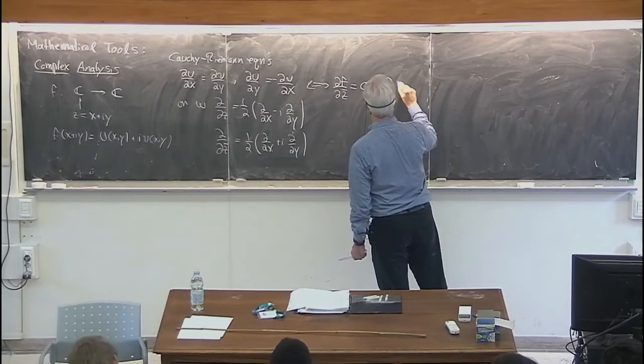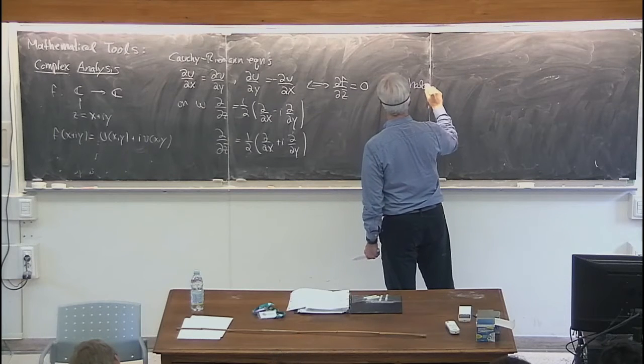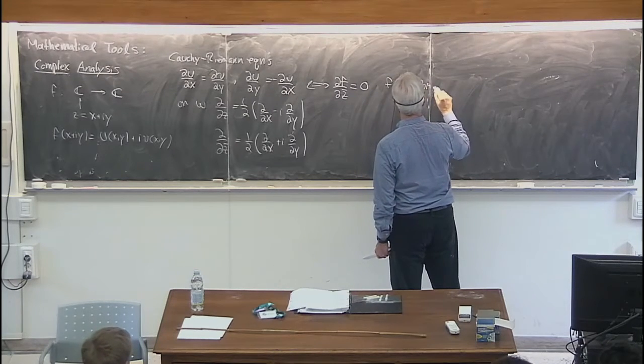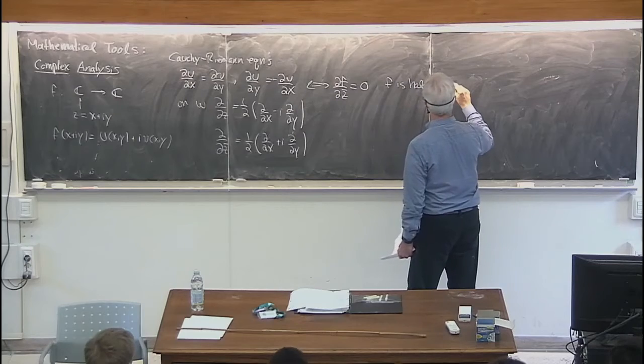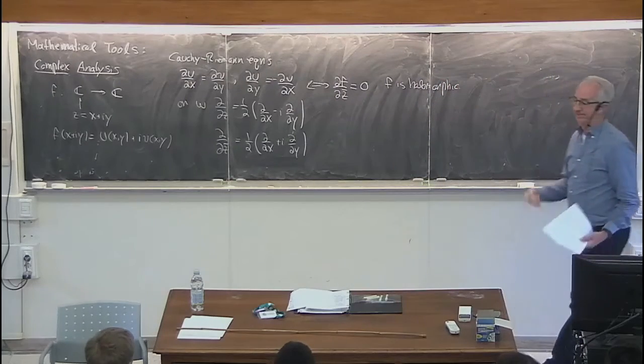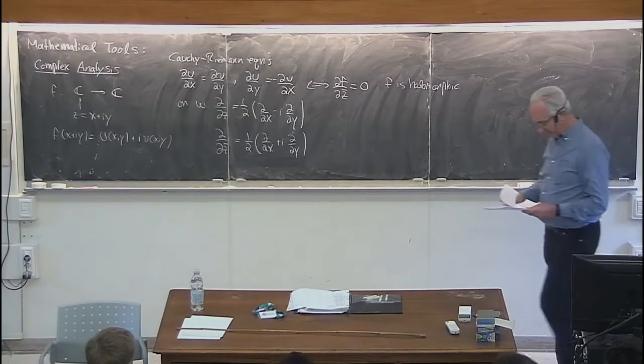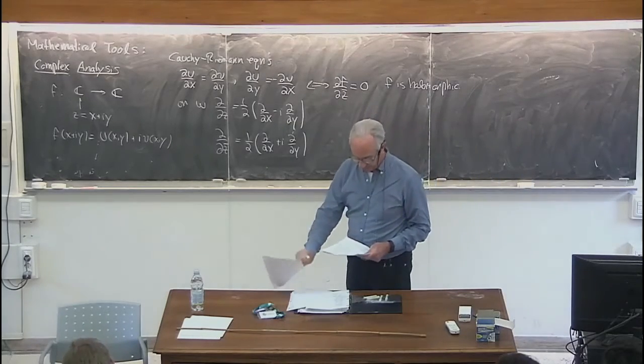Then we'll say that f is a holomorphic function. And you should think of that as just depending on z, not depending on z bar.